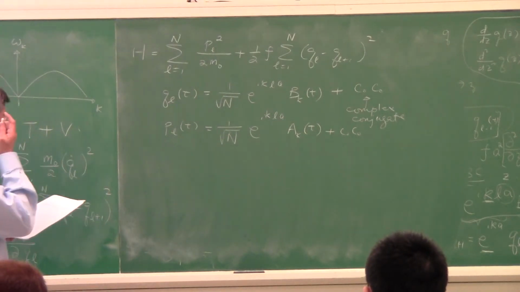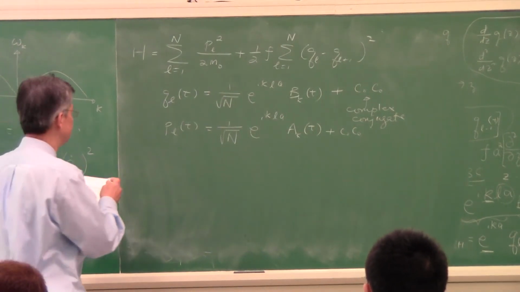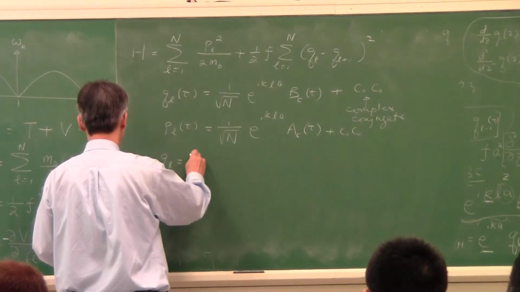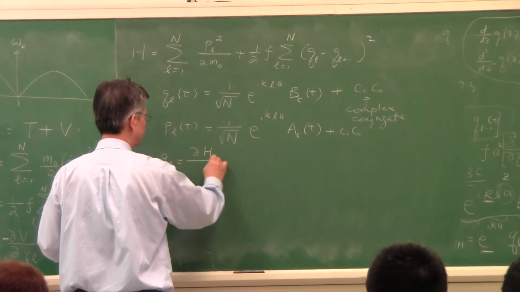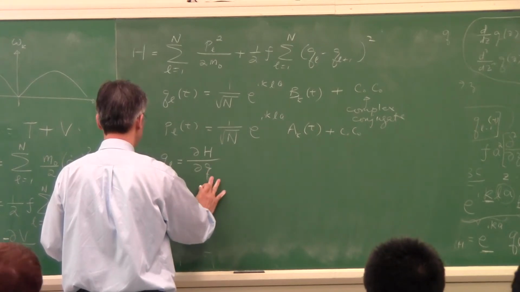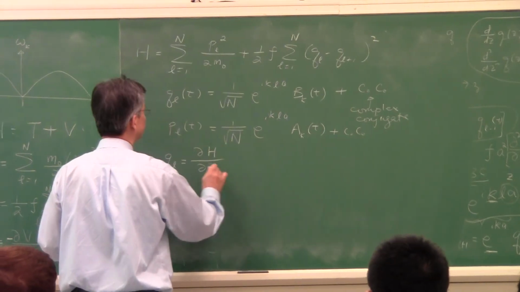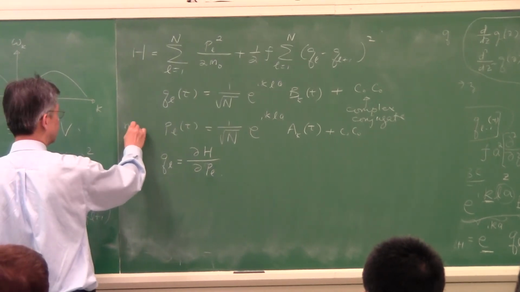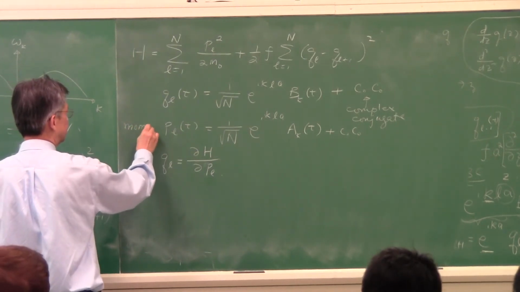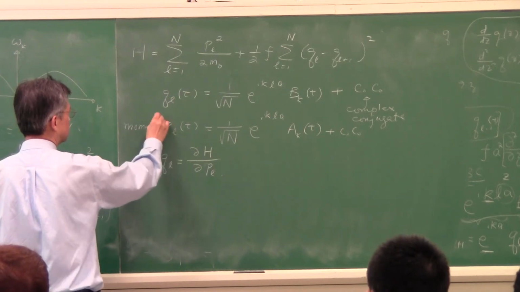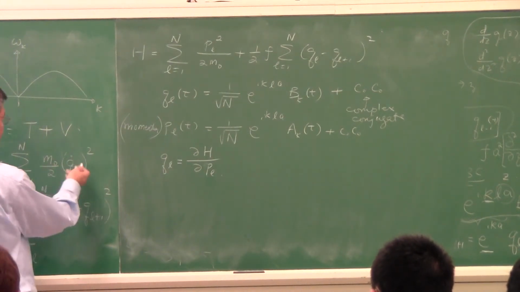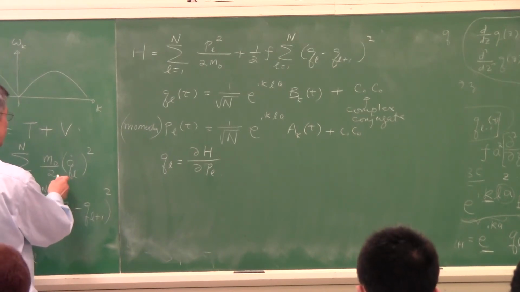And from the Hamiltonian, if we apply the equation of motion, we can show this quite easily. That displacement QL is actually the derivative of the Hamiltonian with respect to the momentum. This is like the momentum, so this thing here is like a momentum squared.